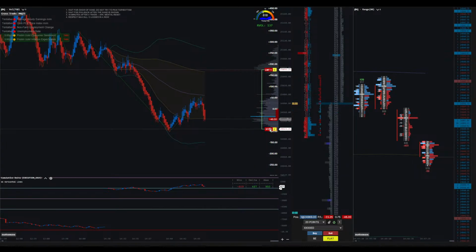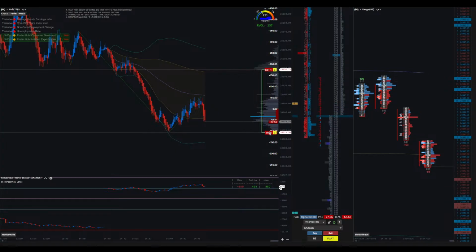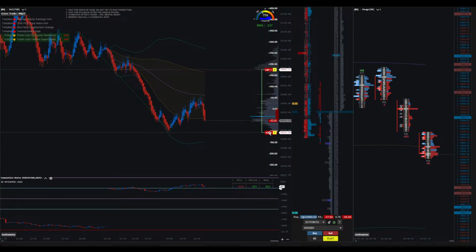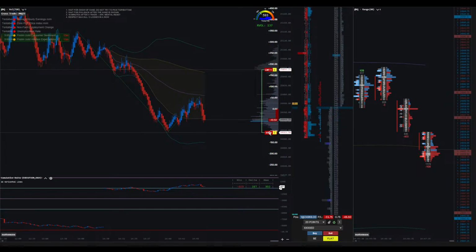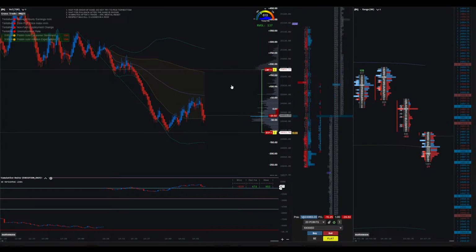NQ, minus 1 touch. Yikes. Just move my stop in hopes that it's gonna bounce.